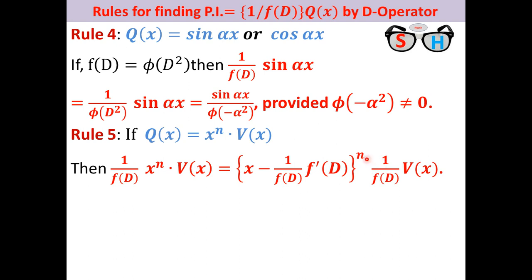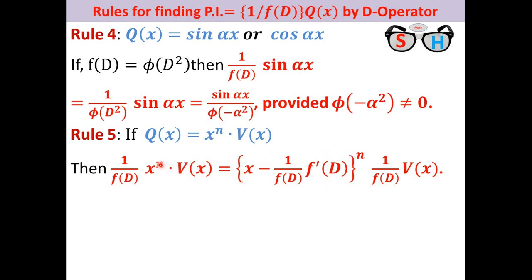You can remember the formula by that approach, or any other approach you can use. Just imagine x to the power n is absent, so the remaining portion is 1 by f(D) of V(x). Write 1 by f(D) of V(x), and before it you have to write x minus f dash(D) by f(D), whole to the power n. This is not a product, this is an operator.